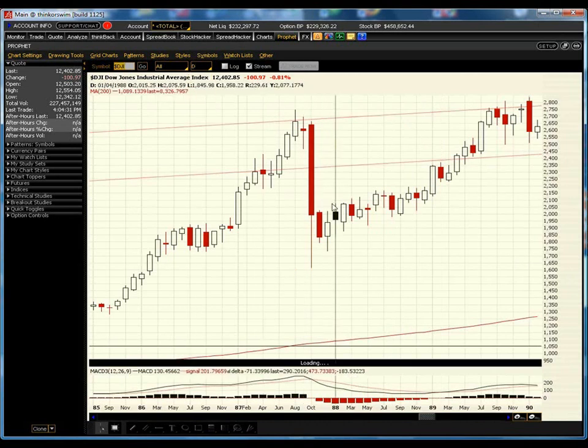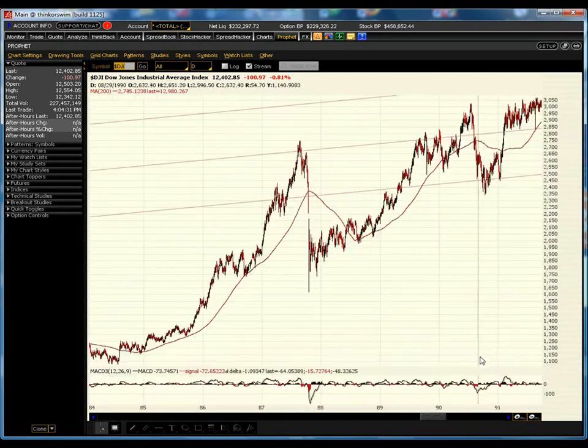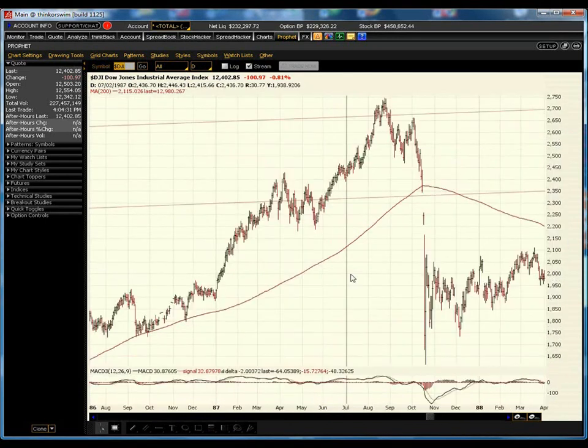Let's go back to the daily again. This time right here was very, very interesting, actually. I started trading right around February, the beginning of 1987, in January and February.